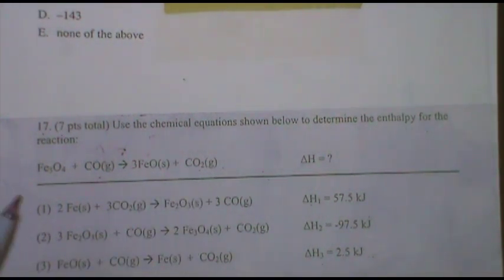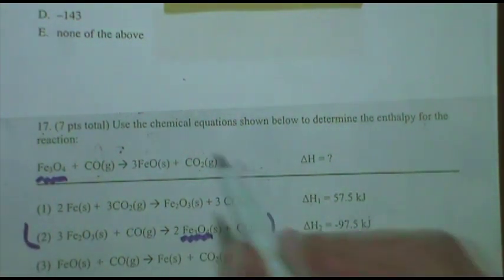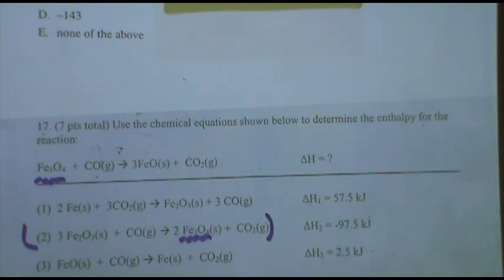Which one would I pick? Would I pick this one? Yeah, this is good. It appears here and here. So this number 2 simultaneous has to match the first top reaction. So I will multiply by negative 1/2.